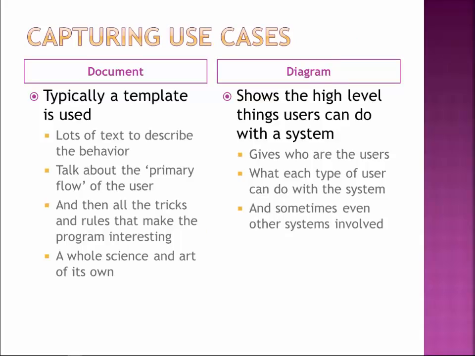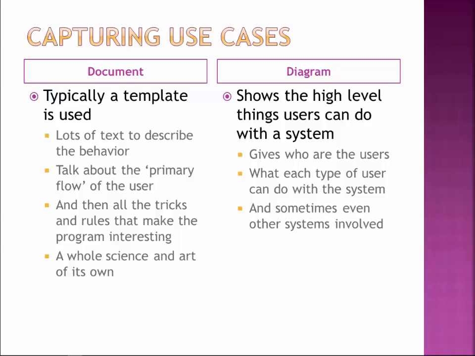So I'm throwing out use cases off the top of my head like crazy, but how do we capture this stuff typically? Well, there's a document with a template that describes the behavior, with most of the details you typically would see in a flowchart. That's the place where you talk about, again, cracking the eggs, putting them in the bowl, all those details we talked about there. That primary flow is what the user does to interact with the system.